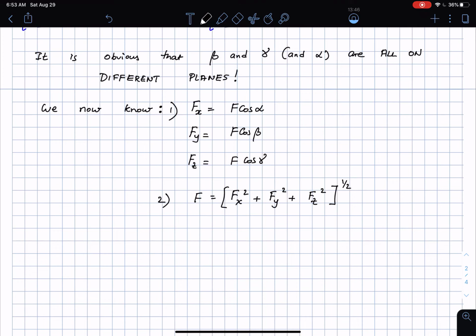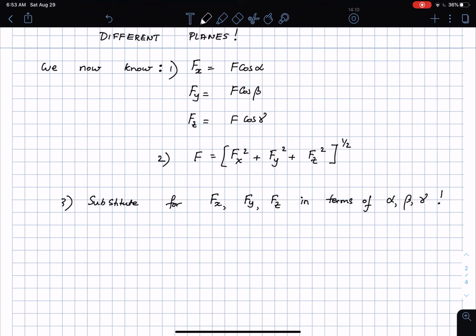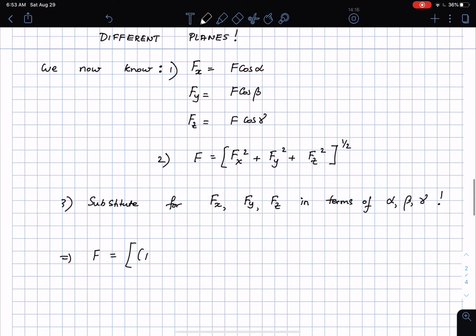So what am I going to do? I'm going to substitute for Fx, Fy and Fz in here. Okay, so what I'm going to do is substitute for Fx, Fy, Fz in terms of alpha, beta and gamma. Okay, so here is what I'm going to get, which tells me that the force vector F is Fx square, which is F cosine alpha square, Fy square is F cosine beta square, Fz square is F cosine gamma square.